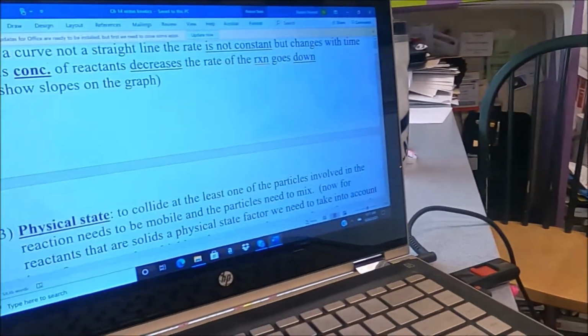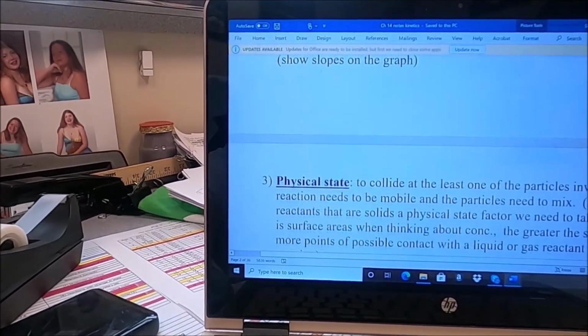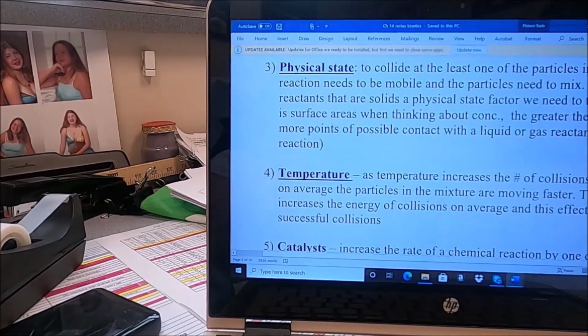Now, let's think about physical state. The chemical reaction happens because of collisions between particles. We're going to talk about this in great detail near the end of the chapter. But as we look at collisions, you have to have particles that are moving. The particles have to be able to be mixing. So at least one of the reactants has to be in some kind of mobile phase: the gas phase, the liquid phase, the aqueous phase.